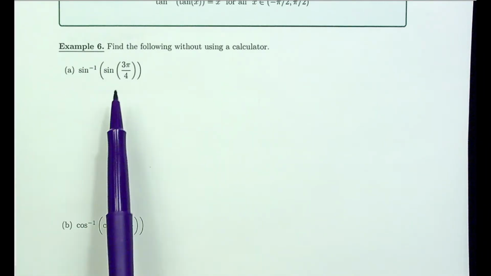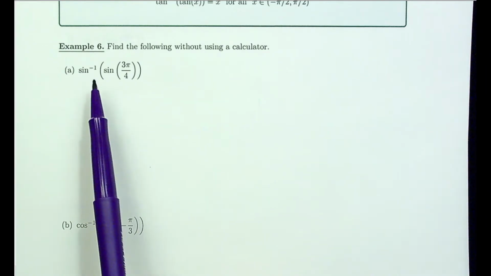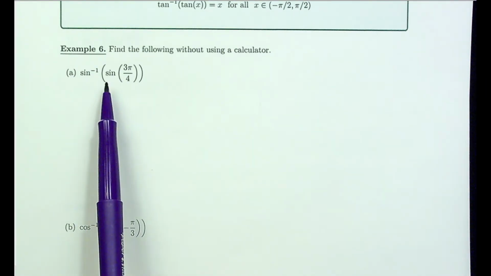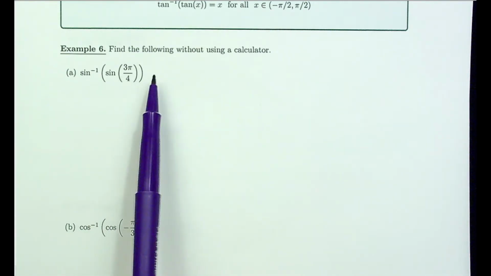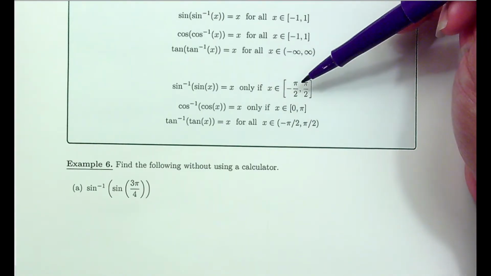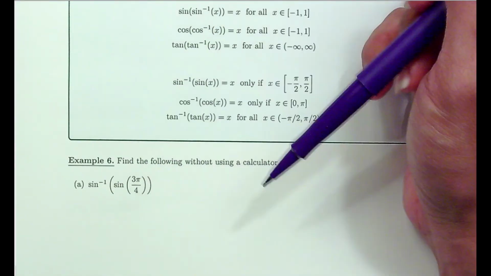So just think about it. You see, under ideal circumstances, these would cancel each other off, so I would get 3 pi over 4. The problem is that 3 pi over 4 is not within negative pi over 2 and pi over 2, so I could never get it back from sine inverse.